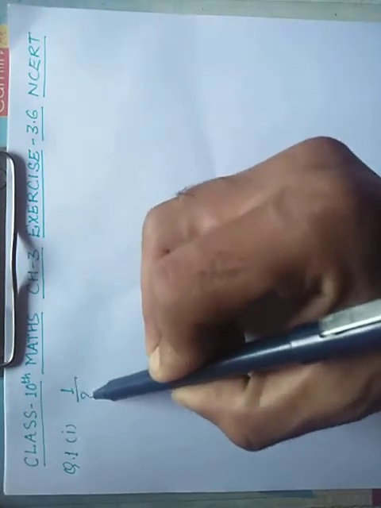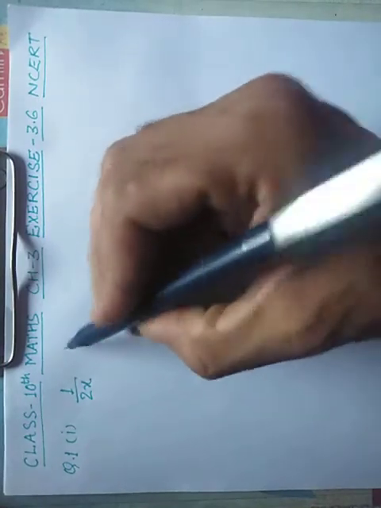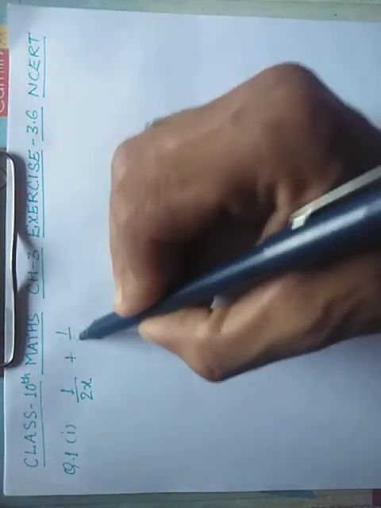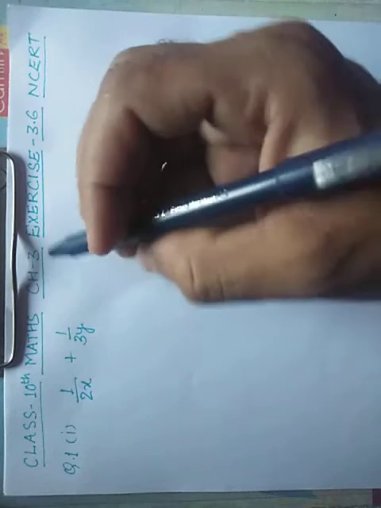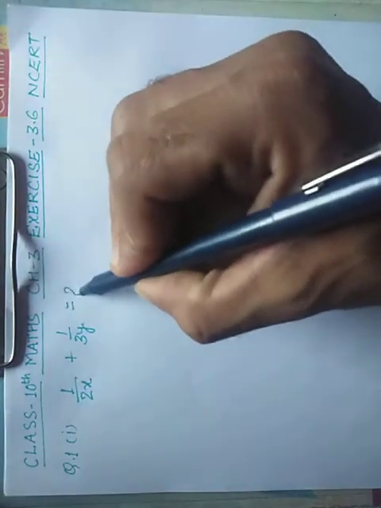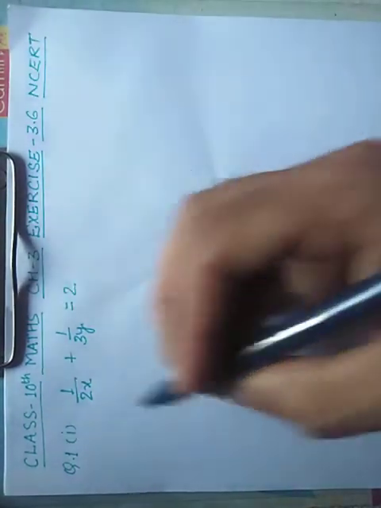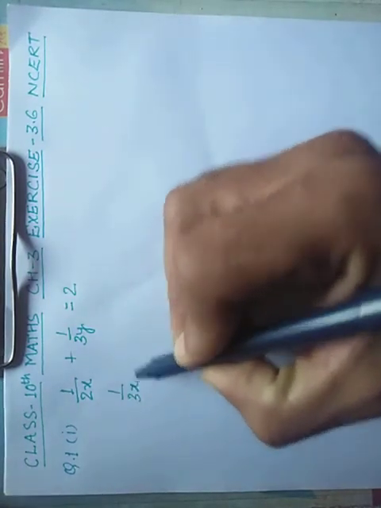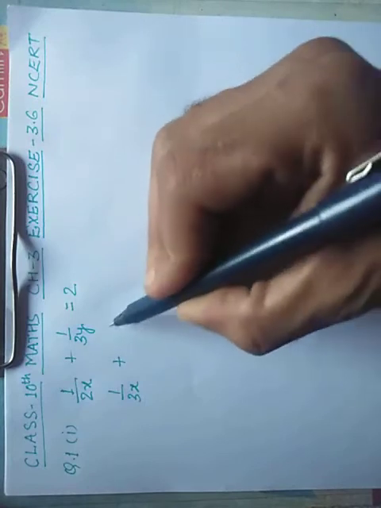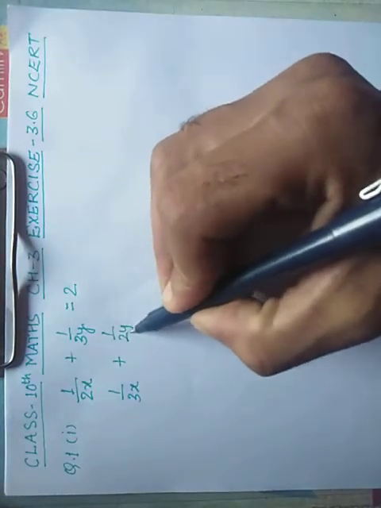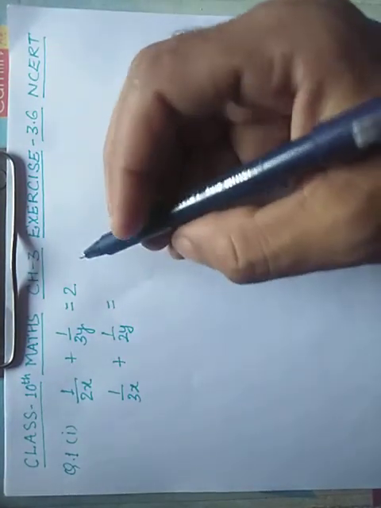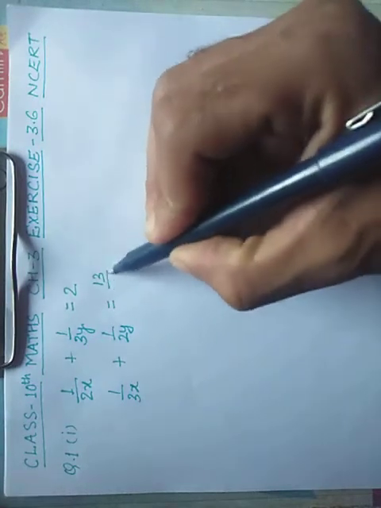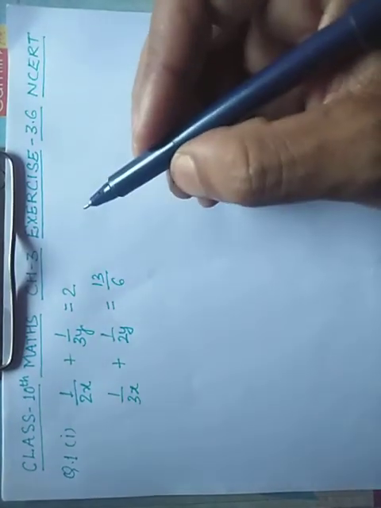1 upon 2x plus 1 upon 3y is equal to 2, and second equation is given here, 1 upon 3x plus 1 upon 2y is equal to 13 upon 6.